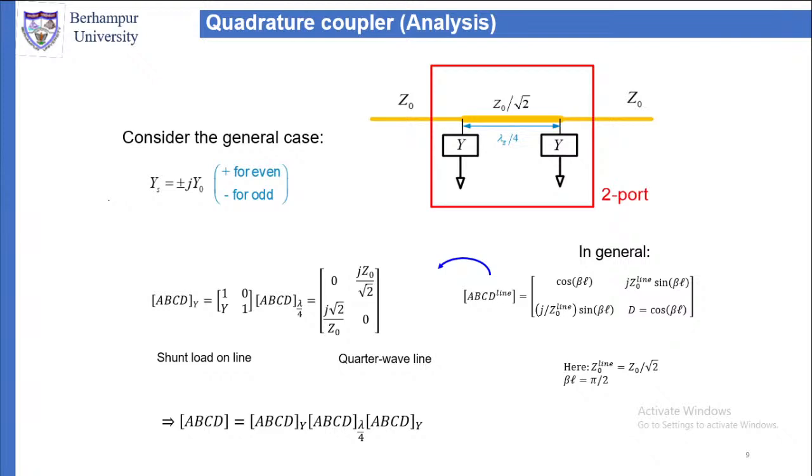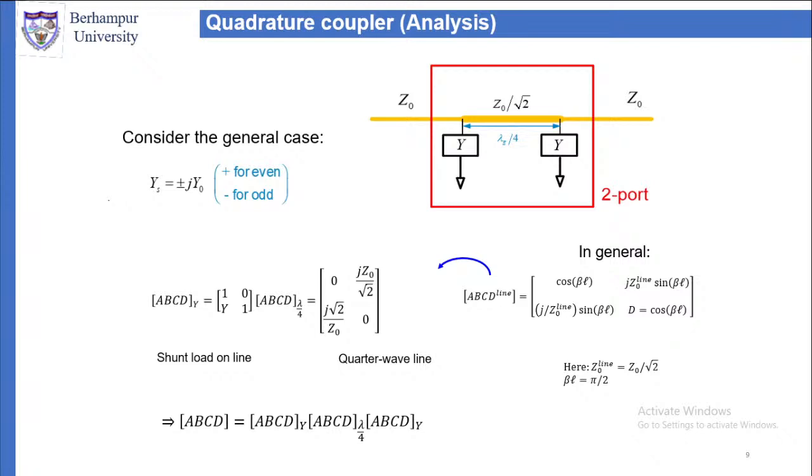The ABCD matrix of a shunted stub is given as 1 0 Y 1, where Y is its admittance. So ABCD of Y is 1 0, then Y 1.